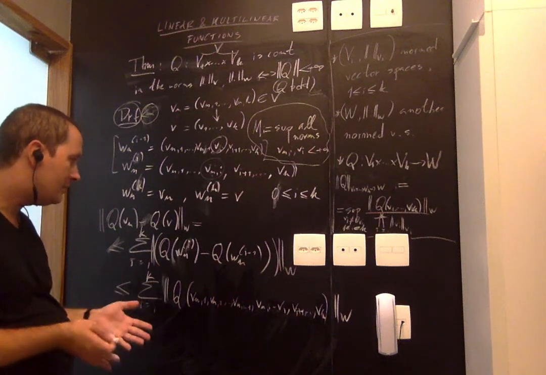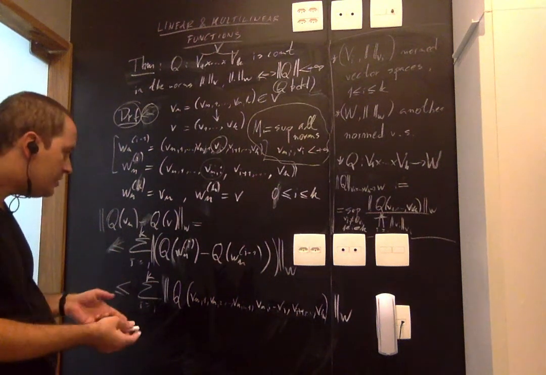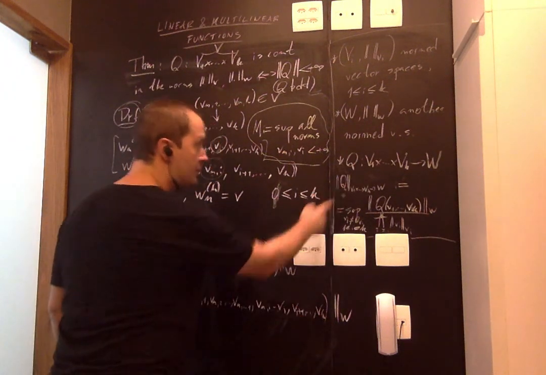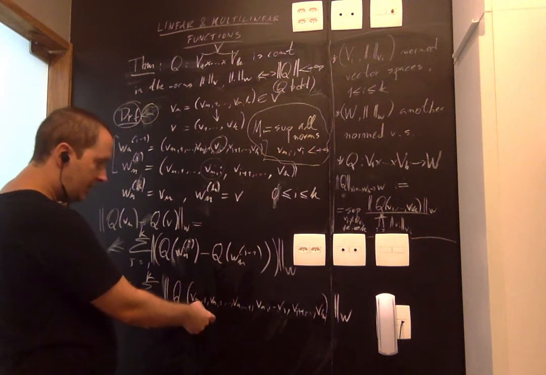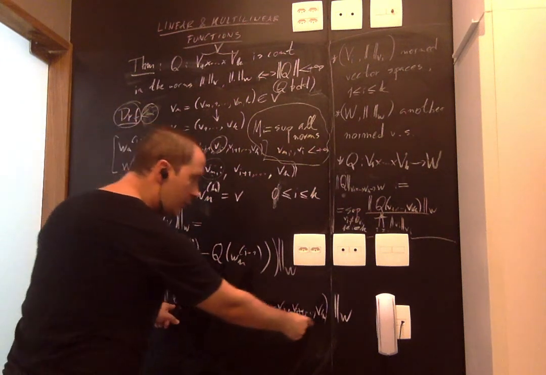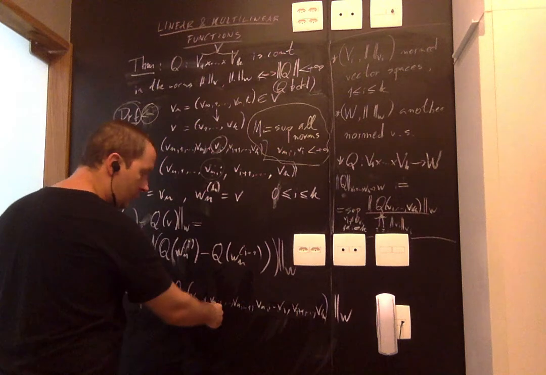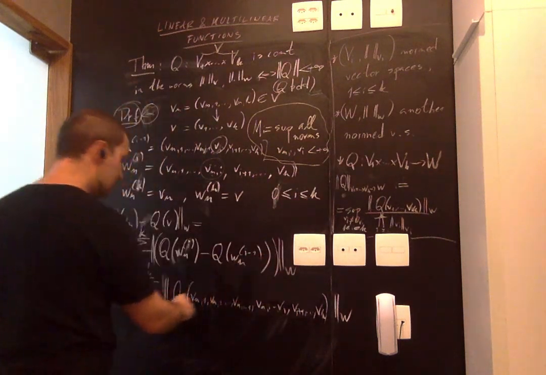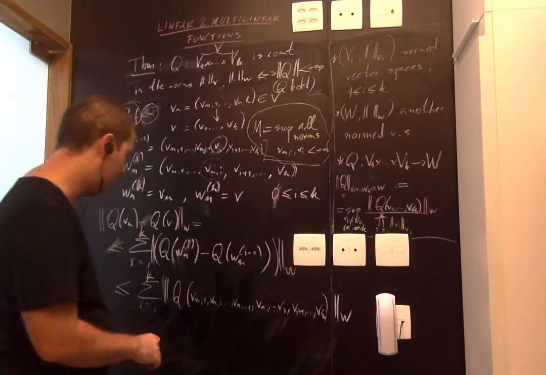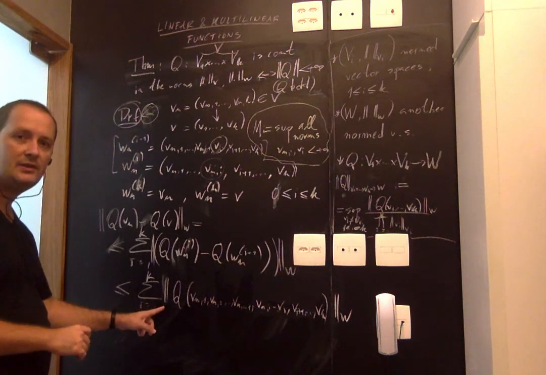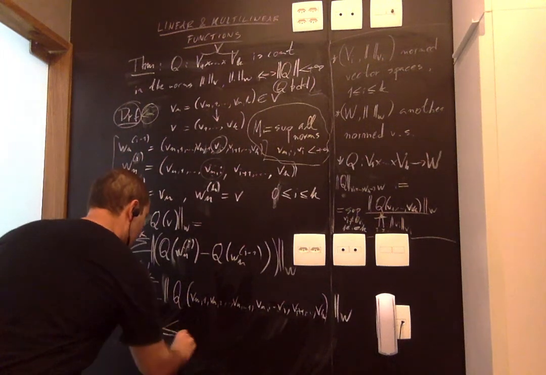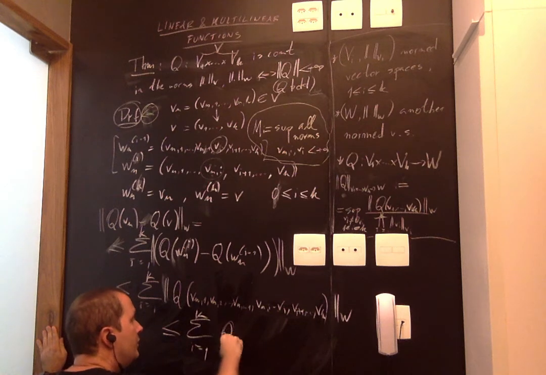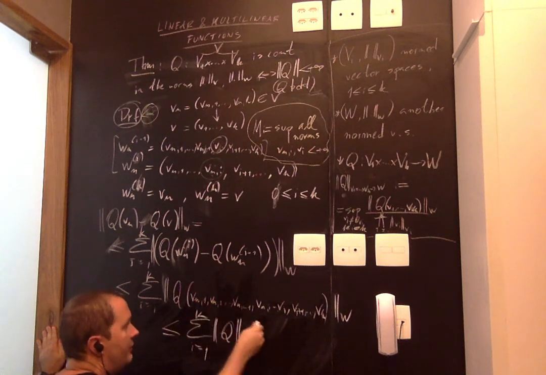So now what do I do with this? Well, by the definition of the sup norm of Q, if I take all Q of something and I divide by the norms of the input vectors, that can be at most the norm of Q, right? So I'm just going to write one last line over here, and that's going to give me the norm of Q times the norms of everything that's inside.